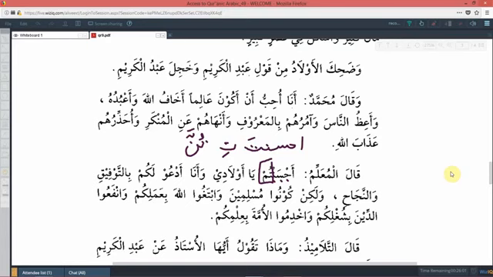Awladi, my children. Wa ana ad'u lakum, and I make dua, from da'a, yad'u. I make dua lakum, for you all, for you guys.